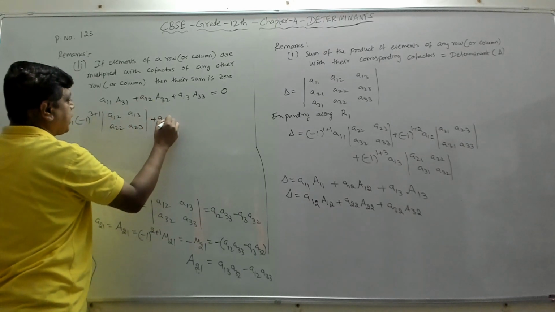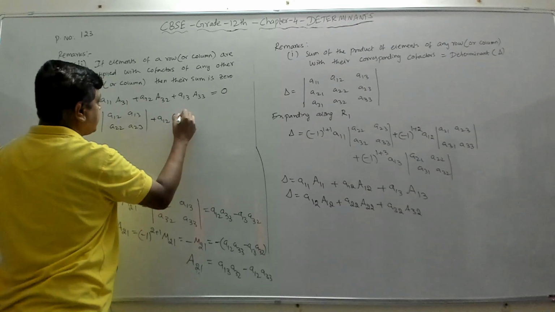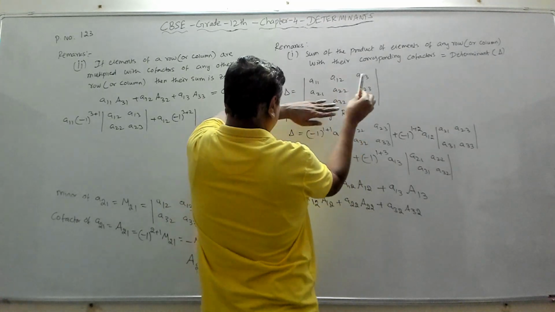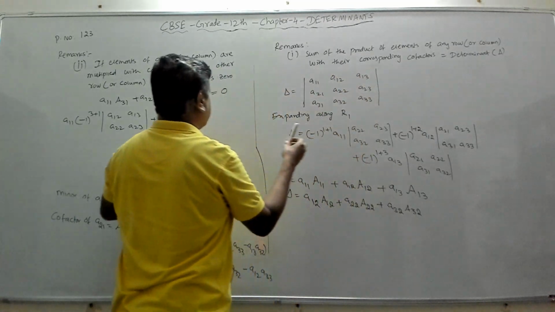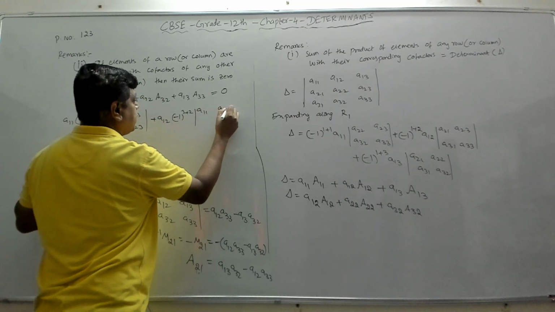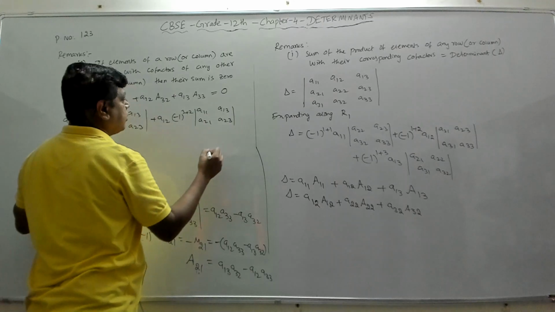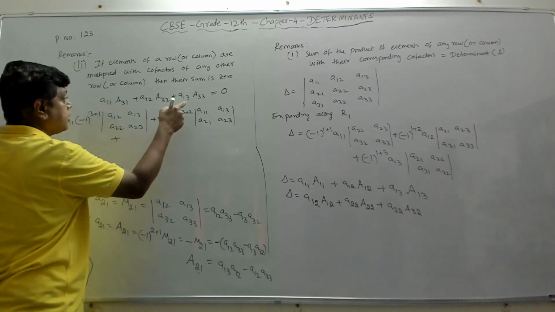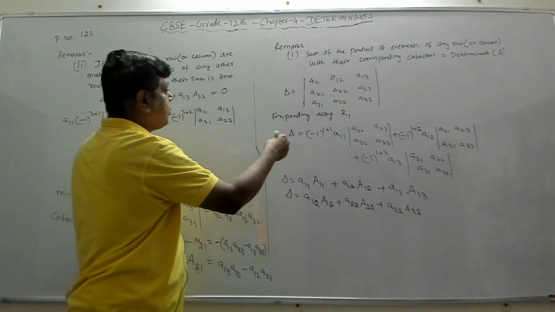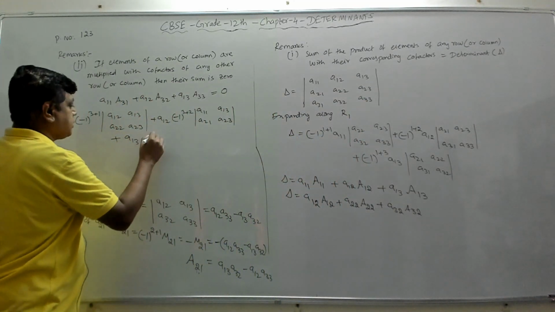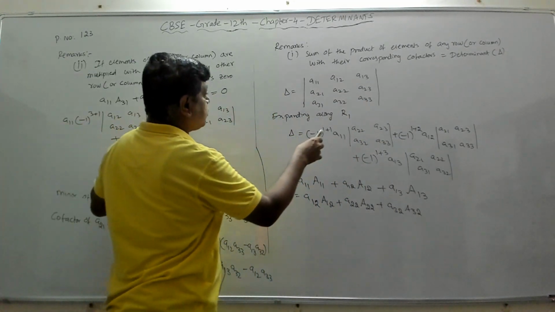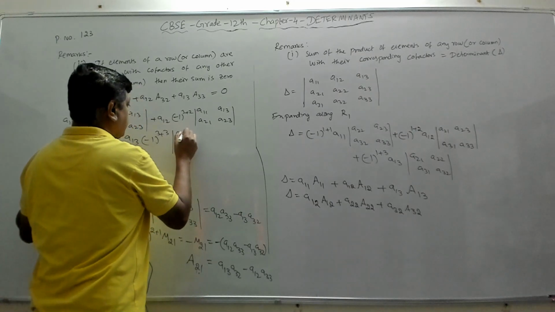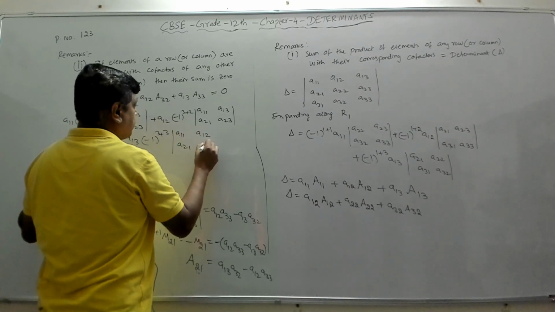Plus A12 as it is, then capital A32 is minus 1 power 3 plus 2, determinant of A11, A13, A21, A23. Then plus A13 into capital A33, the cofactor of this, which is minus 1 power 3 plus 3, determinant of A11, A12, A21, A22.